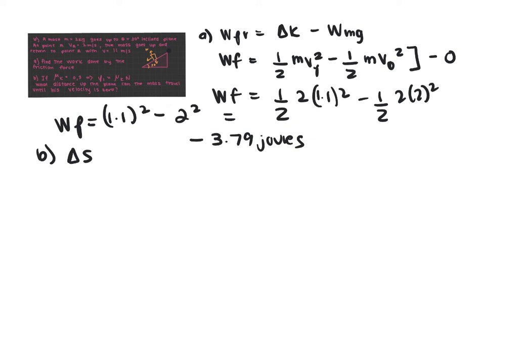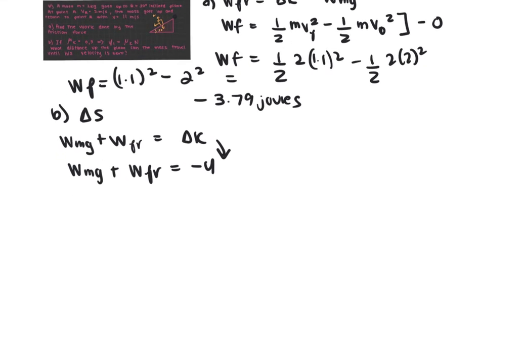Now to find that, we have to again do the net work equals the change in K. Now that net work equals, and we discovered that this would be negative 4.